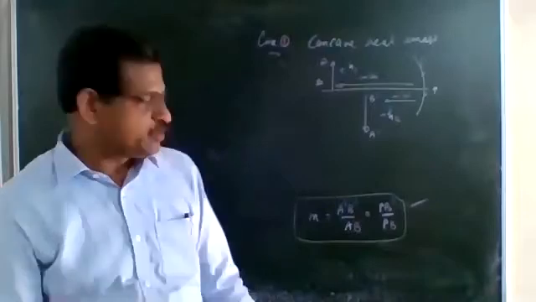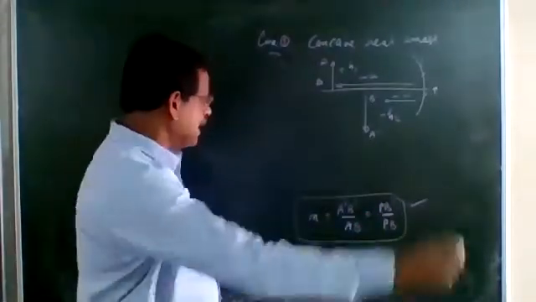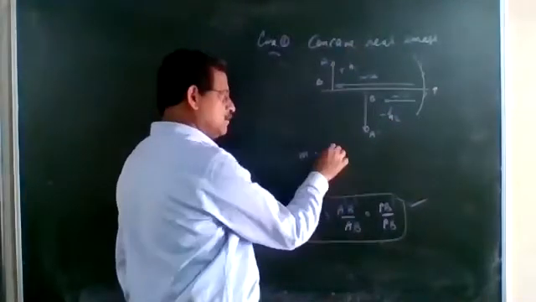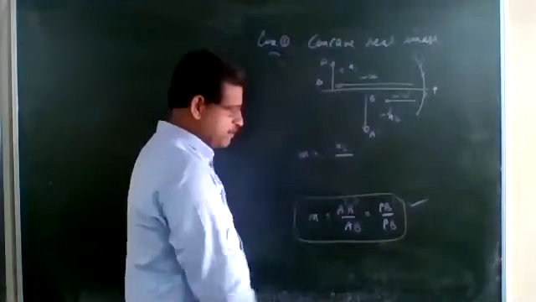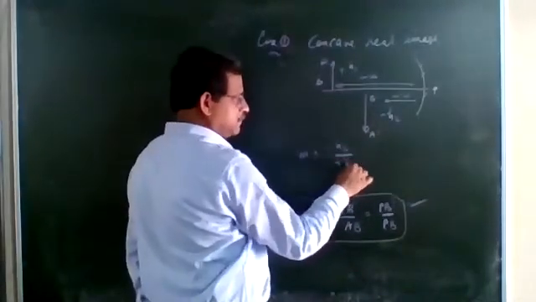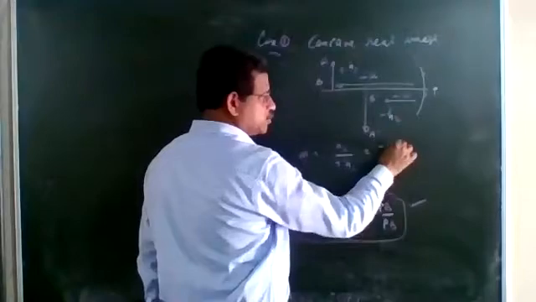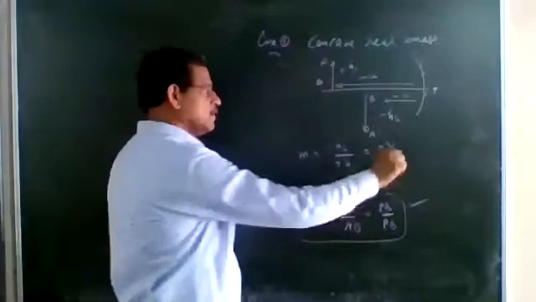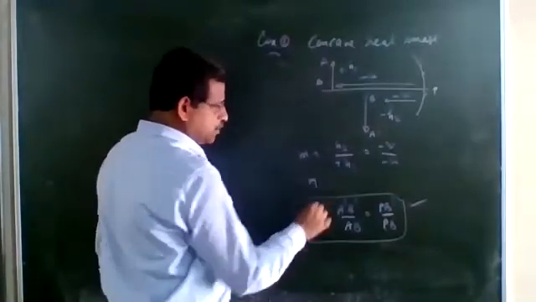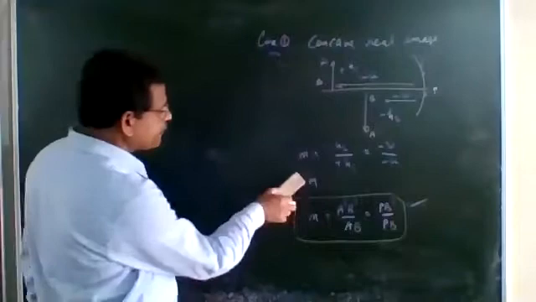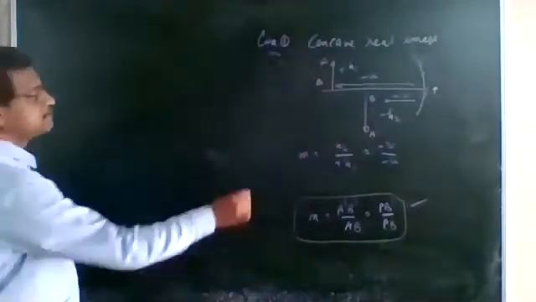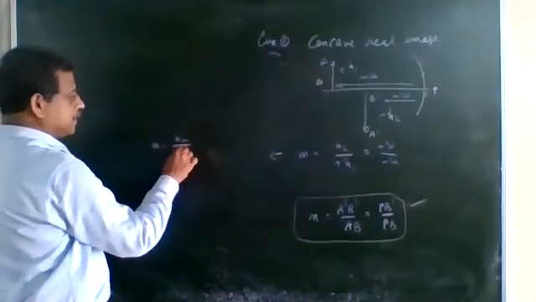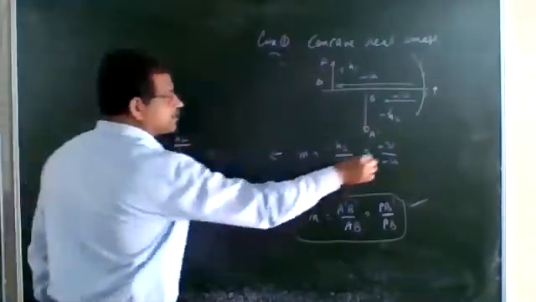So substitute these values in the equation. m equals A dash B dash, which is inverted, minus h2, divided by AB, which is plus h1, equal to P B dash, minus v, divided by P B, minus u. So m equals h2 by h1, equals minus v by u.